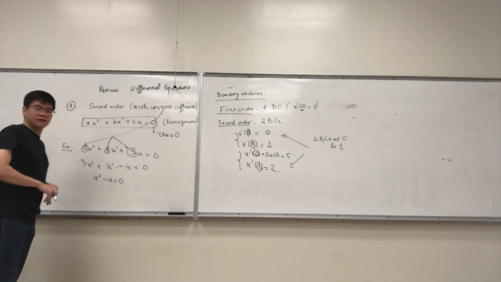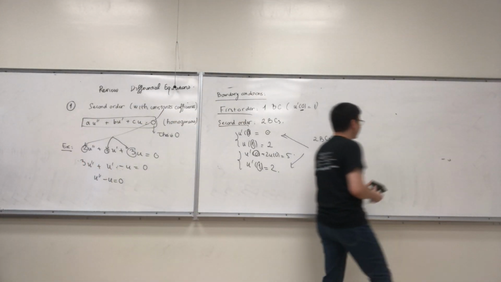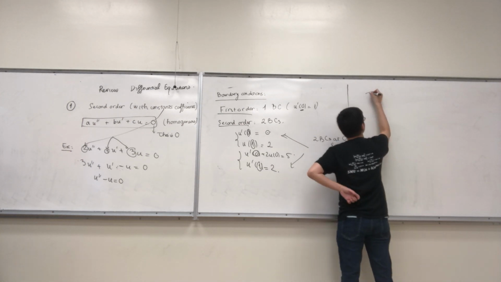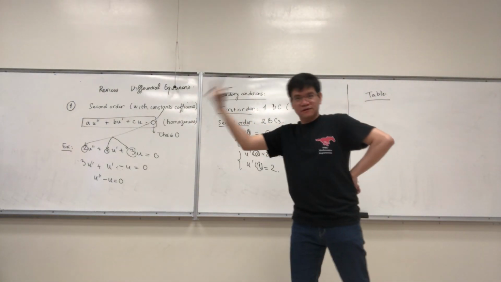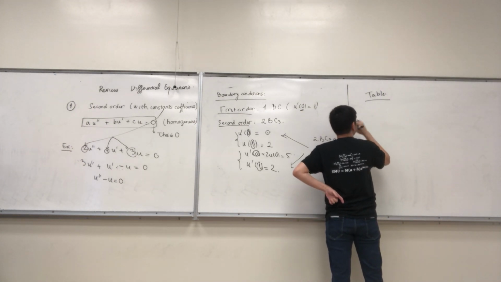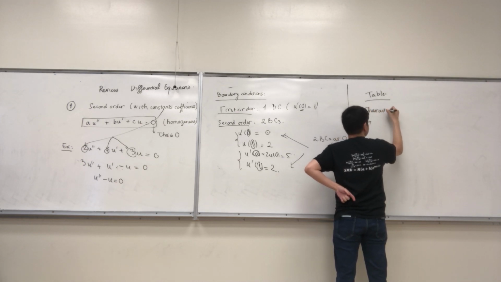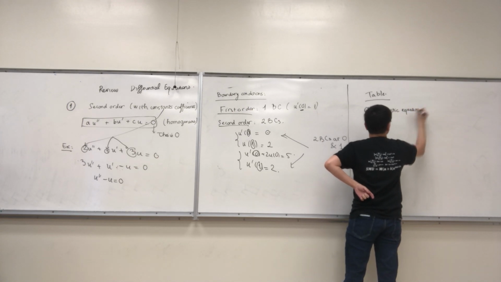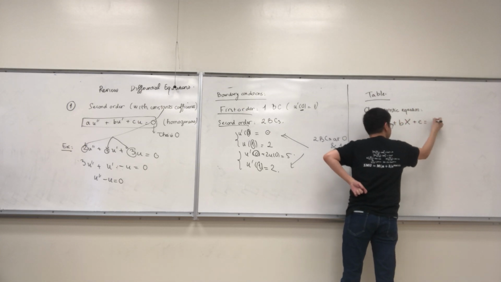Questions? Now, in order to solve this, we need the so-called characteristic equation. All right, so this is the table that you have to keep in mind. This table was done in the differential equation course. The characteristic equation is a x squared plus b x plus c is 0.